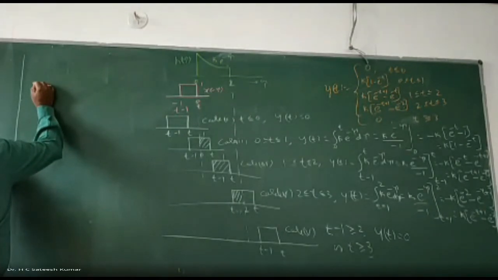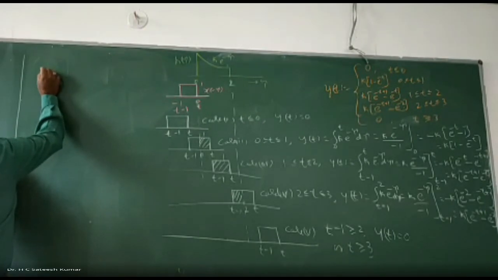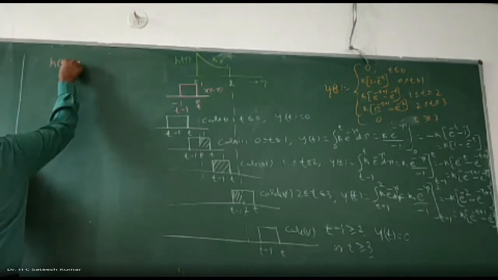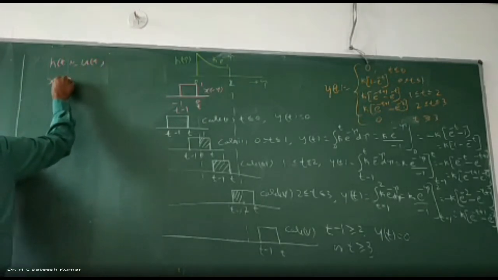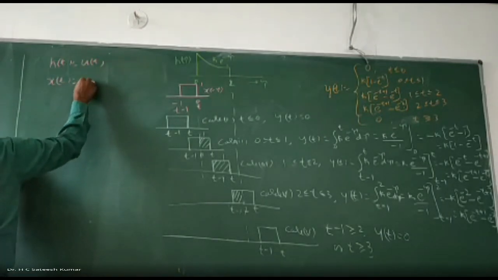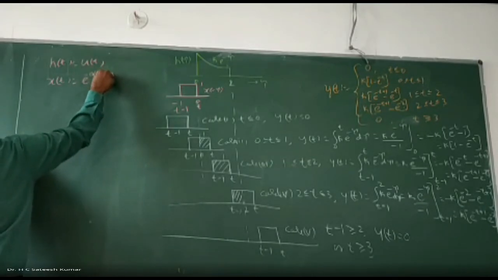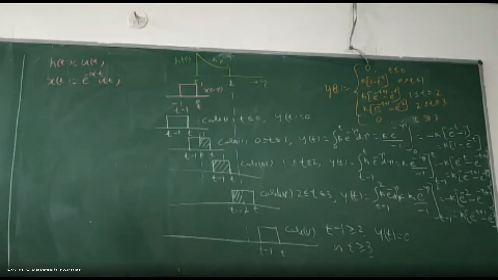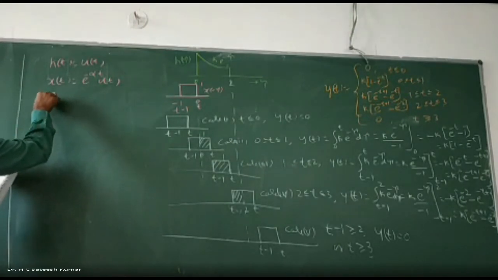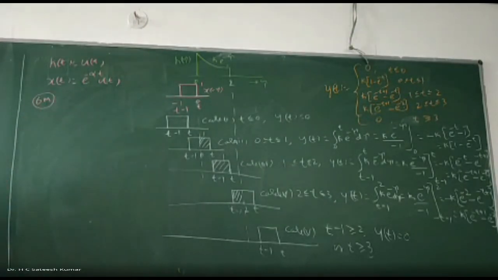So the impulse response is given by h of t is equal to u of t, and x of t is equal to e to the power of minus alpha t into u of t. Find the convolution. So this is 6 marks only. How to solve this kind of problems? Okay, right. 1 minute.